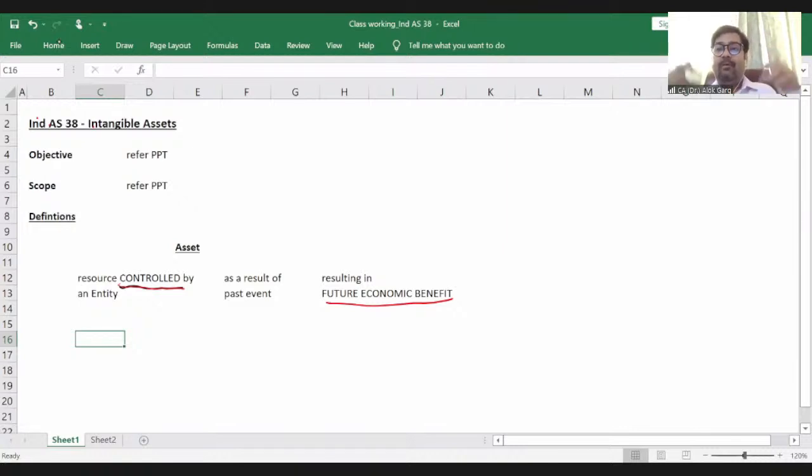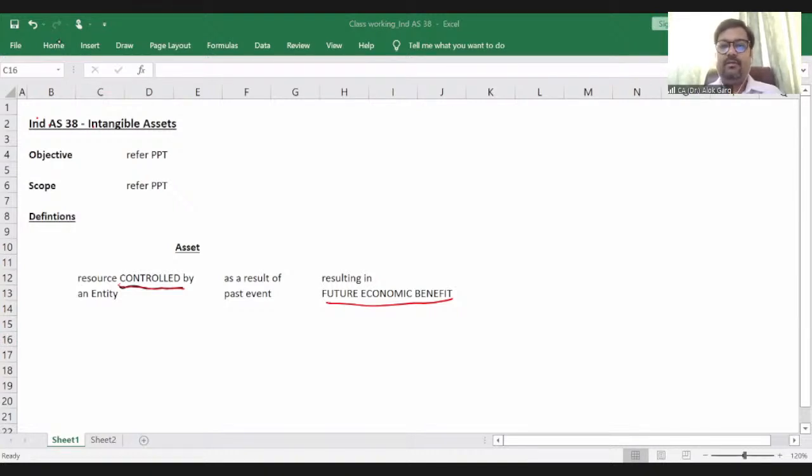So with the help of copyright, copyright is a kind of resource which provides me control. And I am controlling that copyright because I control the use of this particular publication by others. I can stop others from accessing the future economic benefit from my publication by having the copyright, right? Is it clear?